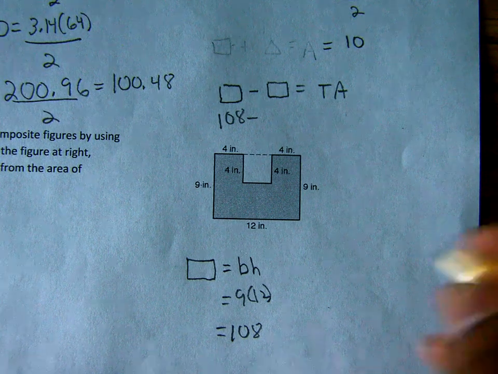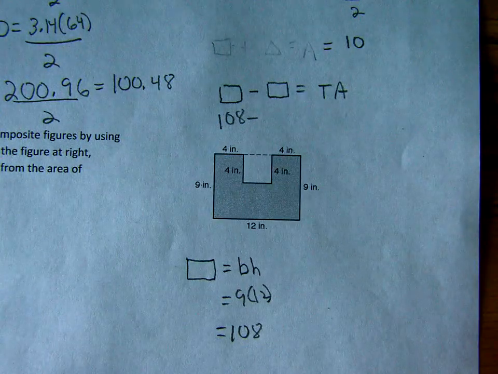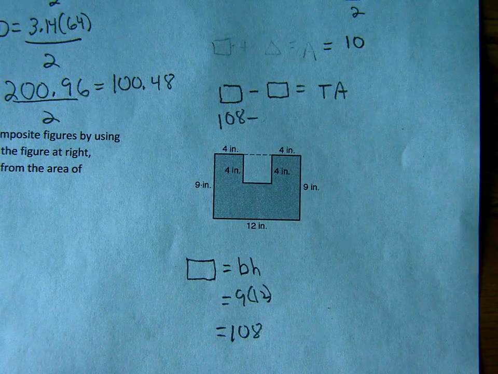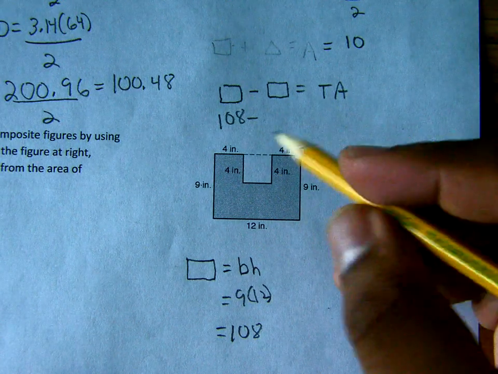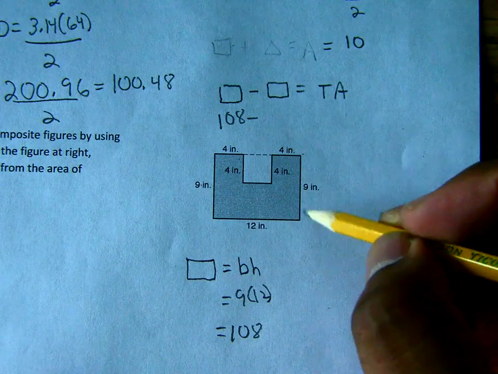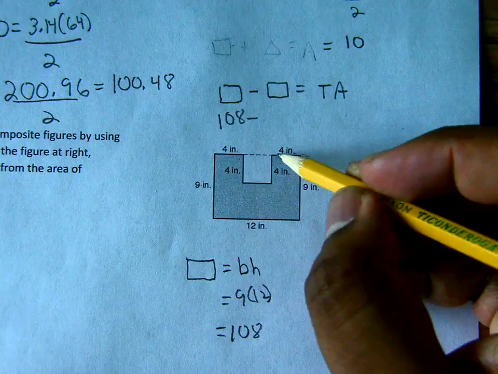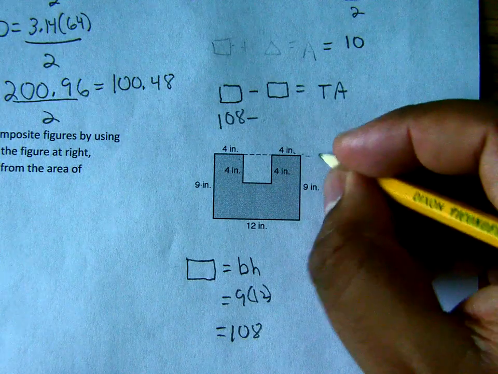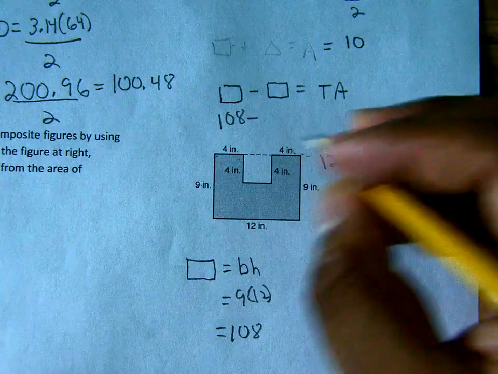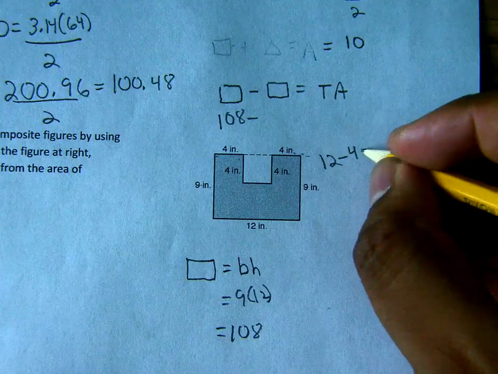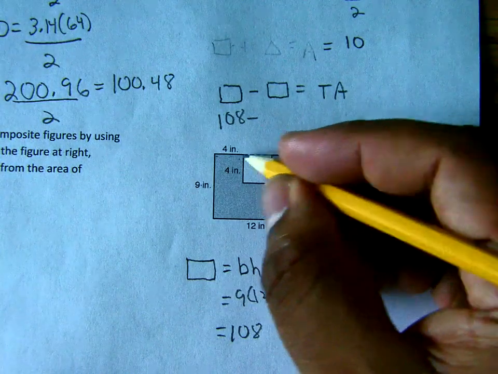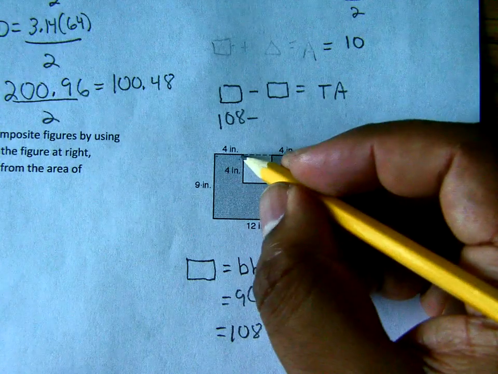All right, now that we have that, we need to find the area of this rectangle and figure out if it's a square or not. Well, we see that here is 4 inches and 4 inches, and that the whole base on the bottom here is 12. So from here to here is 12 as well. So if we take the 12, which is the distance from here to here, take away this 4, and then take away this 4 off of 12, what's left over here is the distance from here to here.